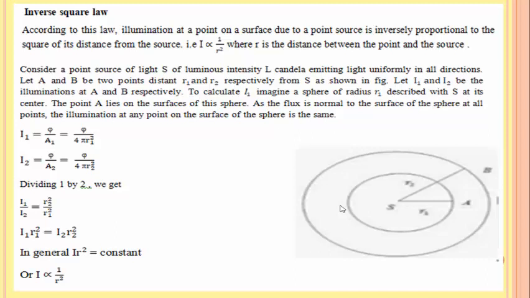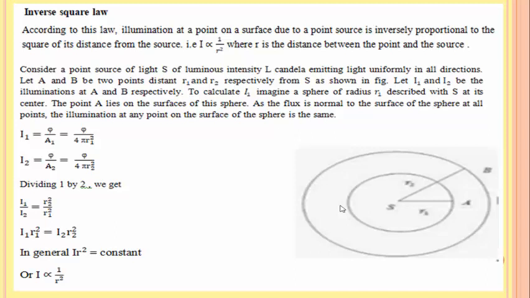Dividing I1 by I2, phi cancels out, 4 pi cancels out, so the remaining terms are R2 square divided by R1 square.